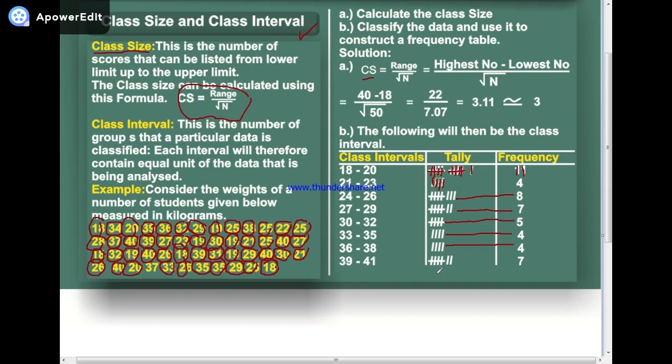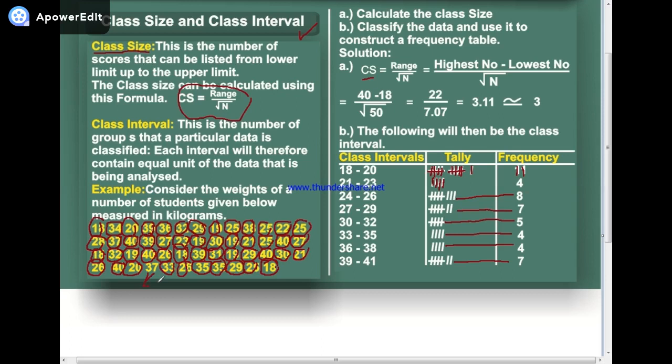So that means we have 7 there. So as we can see, where is our mistake? It is this 27. The mistake is from the question. So don't worry.